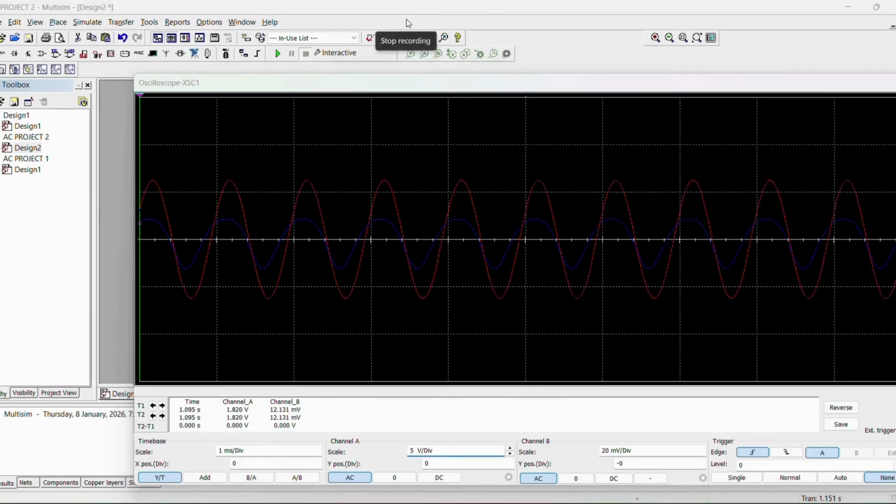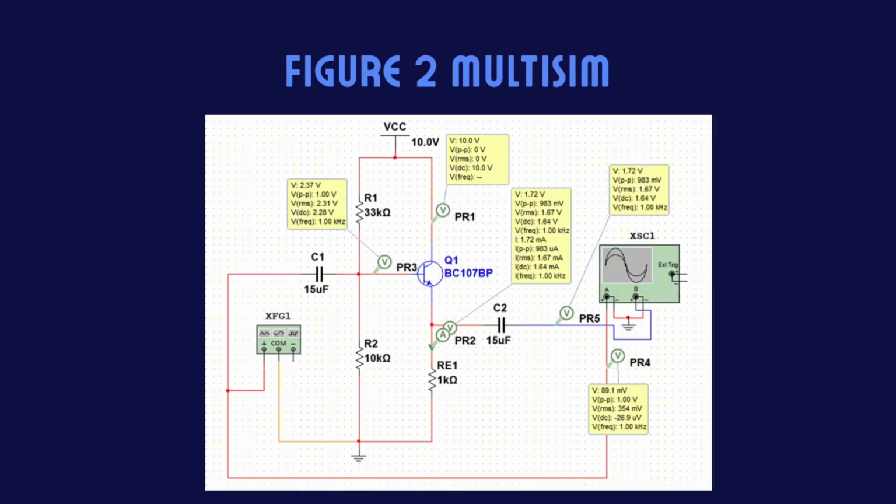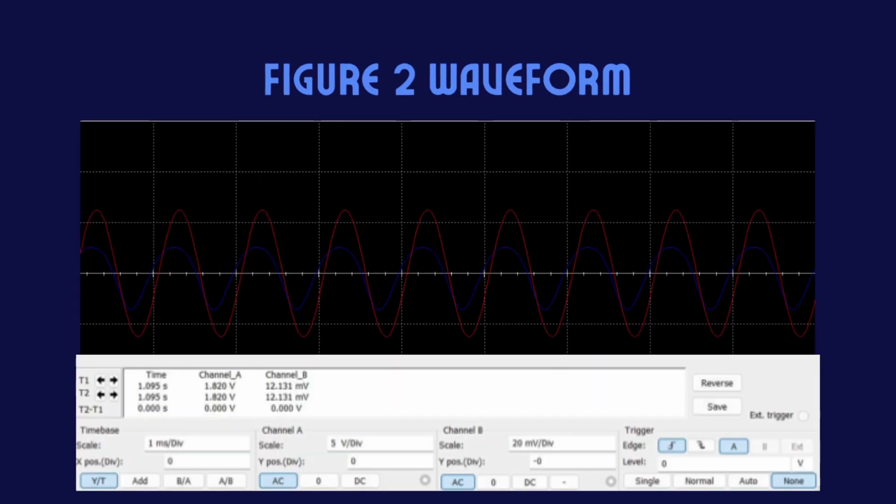As a result, for the figure 2 Multisim, we already get the VC, VB and VE and also IE, V out and also V in. In the oscilloscope waveform for figure 2, the red trace represents the input voltage V in, which is connected to channel A, while the blue trace represents the output voltage V out, which is connected to channel B. Channel A uses a smaller voltage scale because the input signal amplitude is very small, in the millivolt range.